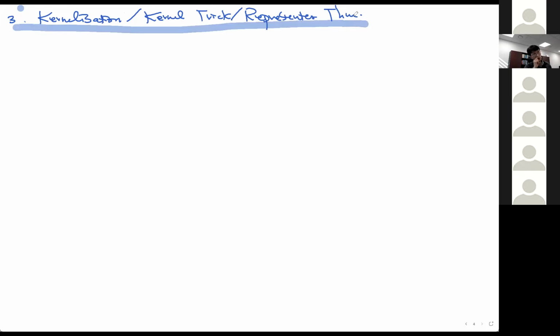So the next part is, now that we learn about kernels, how can you use kernels to design a machine learning algorithm? Or how can we use kernels to generalize existing machine learning algorithms? So let's start with this generalization. We learned about support vector machines for the non-separable case.